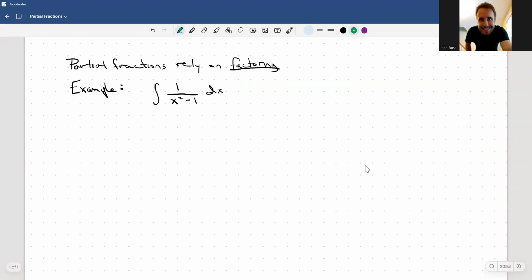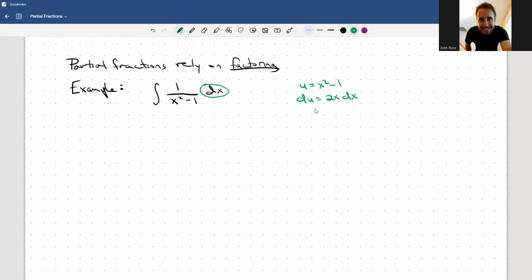So the example that we're going to do is the antiderivative of 1 over x squared minus 1. And our goal is to try to figure out how to approach this. Now notice we cannot use the method of u substitution, because if I tried to let u equal x squared minus 1, so that same piece in the denominator, the du would need to be 2x dx.